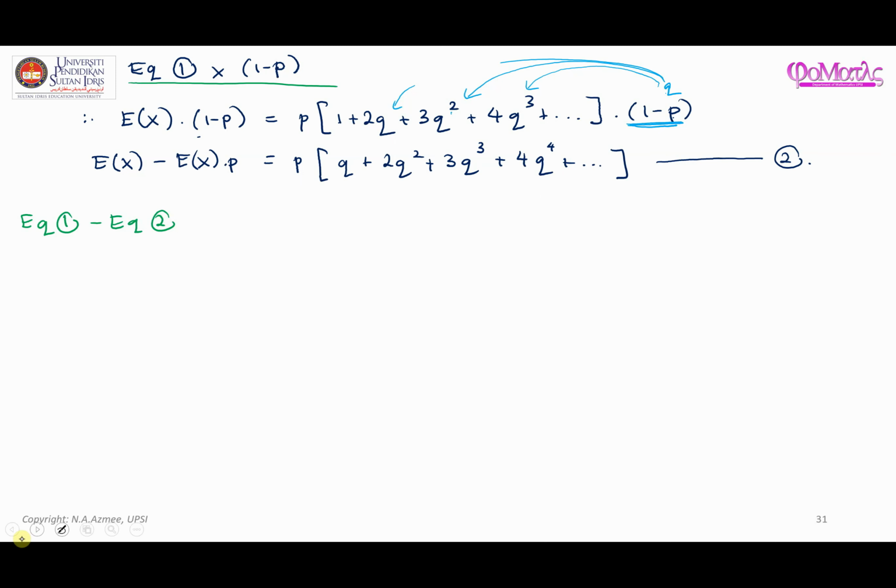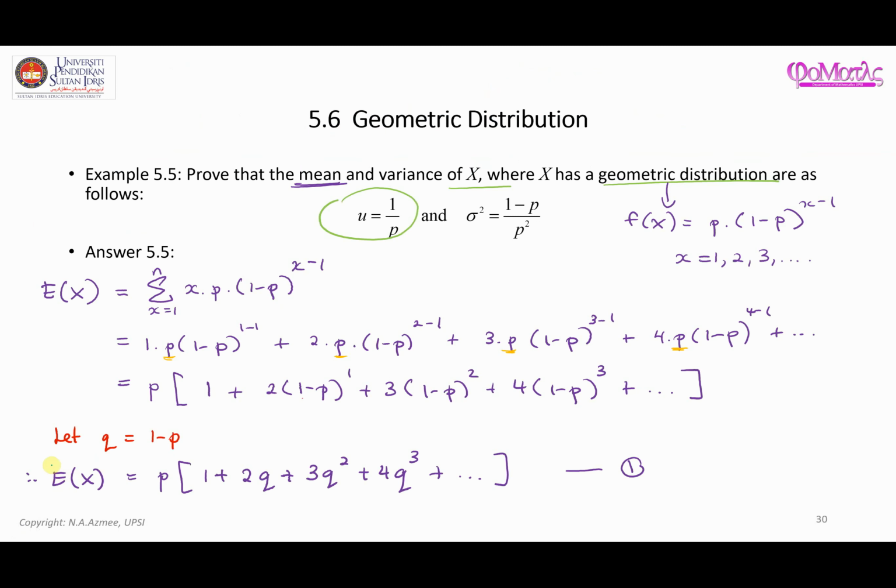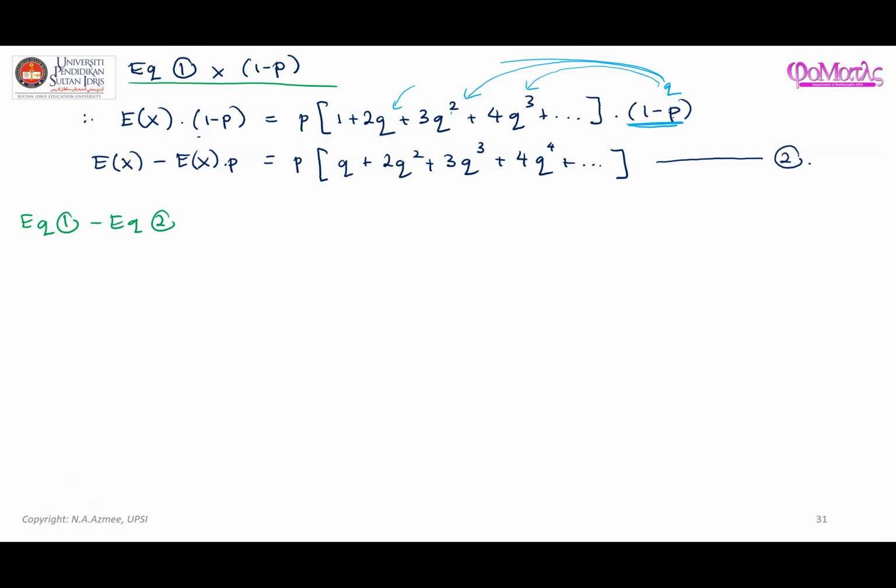If you look at the left hand side, we're going to have E(x) minus this whole thing. So it's going to be expected value of x minus expected value of x times 1 minus p. Okay, so we're just going to write down this part here. That's what's going on the left hand side.